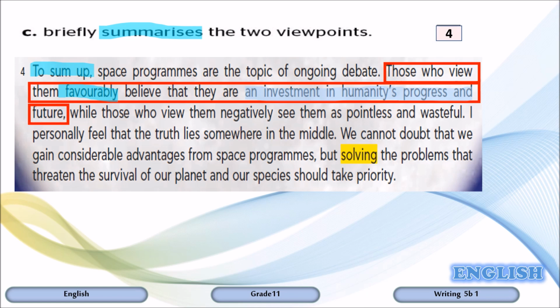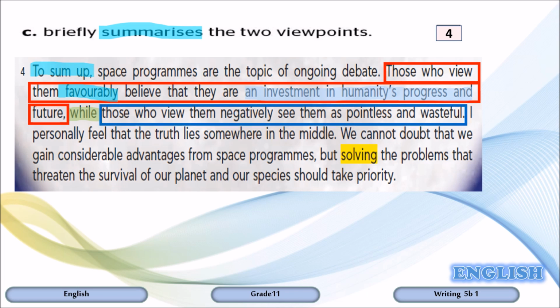And look here at while. How did we separate the two viewpoints? By using the word while. We can also use whereas here. So while shows an opposite idea. Let's see the second part. Those who view them how? Excellent, negatively. So favorably and negatively.